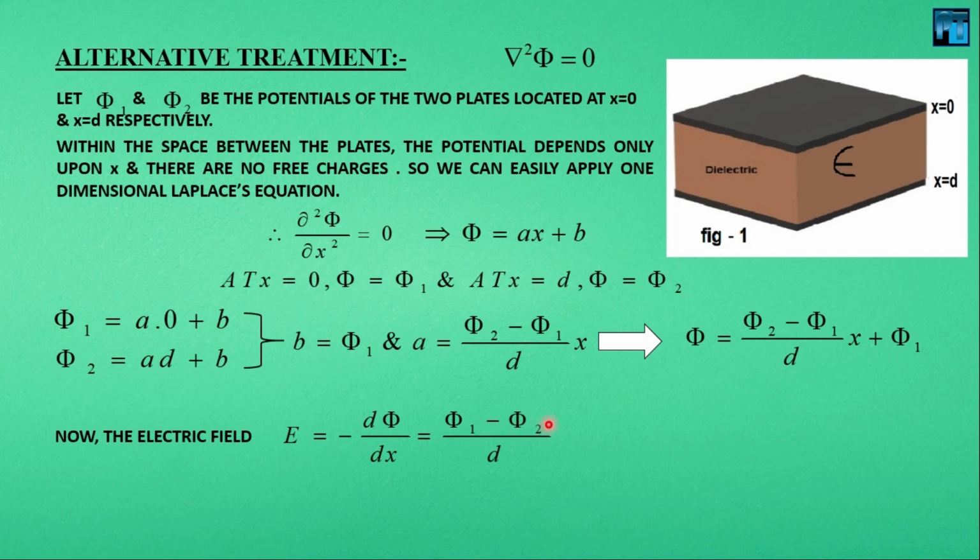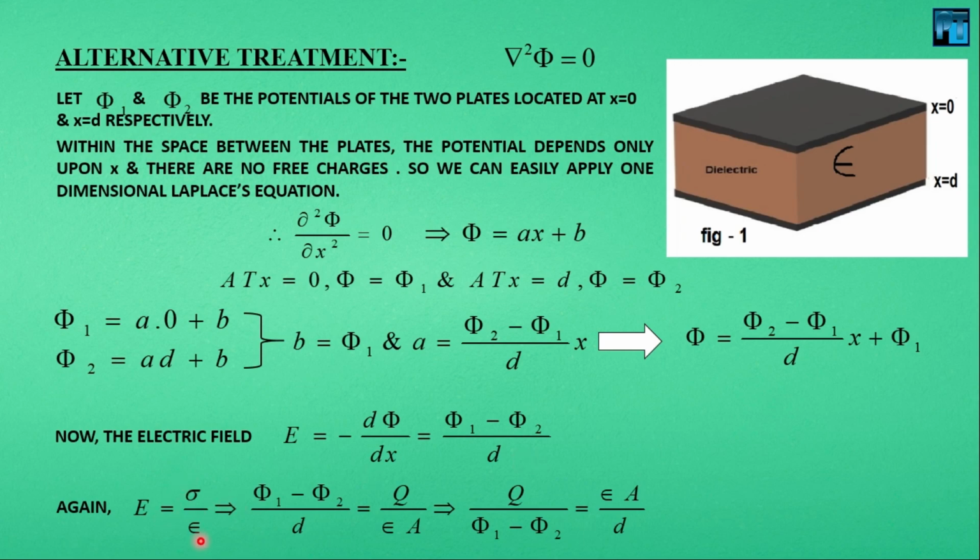So E is phi 1 minus phi 2 by d. Again, we know that E equals sigma by epsilon, so sigma by epsilon equals phi 1 minus phi 2 by d. Now putting the value of sigma as q by A, we can easily rearrange the whole equation as q by (phi 1 minus phi 2) equals epsilon A by d.